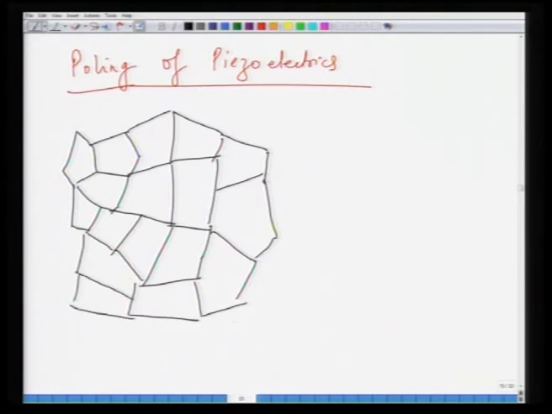So, this is a polycrystalline ceramic. Now, before poling a piezoelectric material, let us say I divide this into a variety of domains. So, these are our grains, okay, and within these grains you have domains. So, let us say our domains are like this.